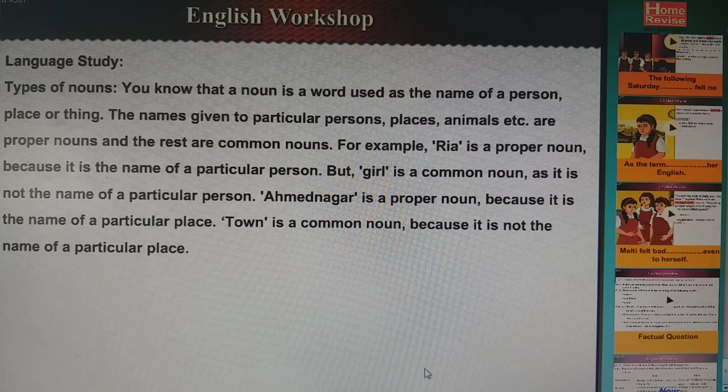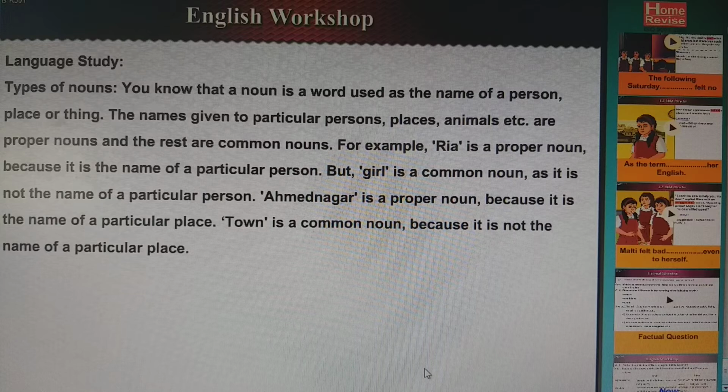Next point, we are going for the language study. This first language study is about nouns, and nouns you have already gone through from 5th standard, 5th, 6th, 7th. So this is just a brush up, a revision. What is a noun? A noun means the name of a person, place, an animal or thing, right?